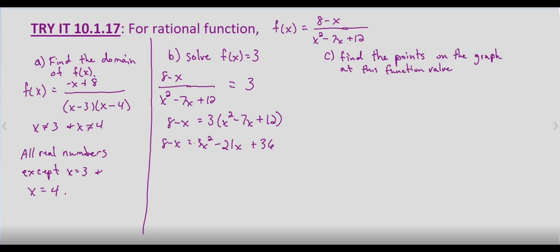So let's go ahead and write this right-hand side on the left-hand side. And we'll have 3x squared. And if we're adding x, so add x to both sides, we'll end up with minus 20x. That's negative 21x plus x. And then 36 minus 8 is going to be plus 28. And that is equal to 0.